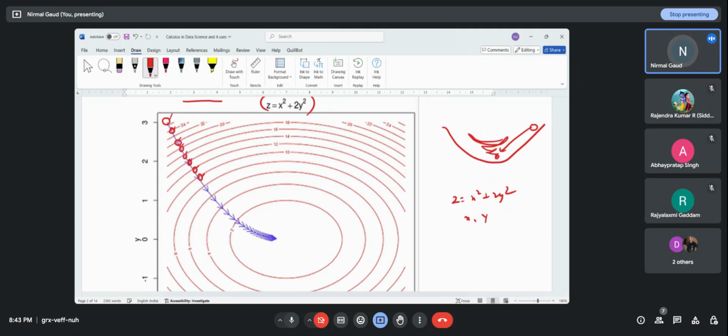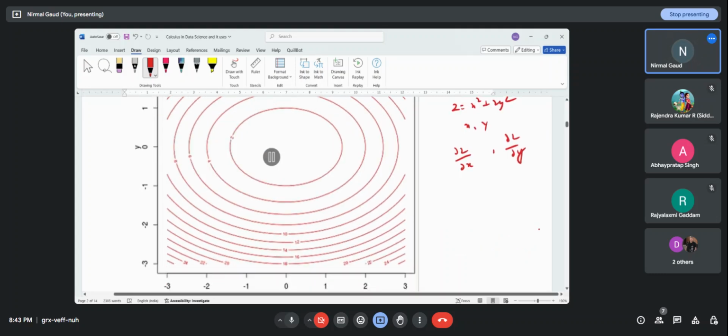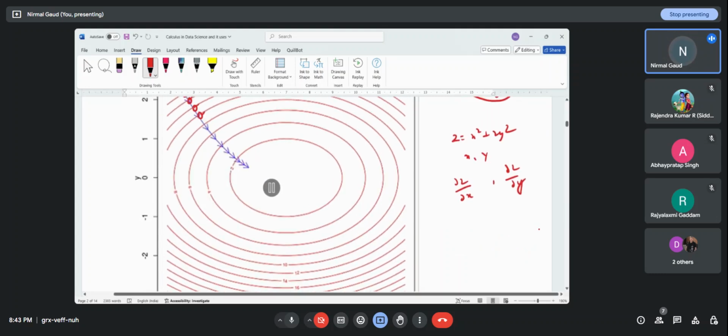So obviously partial differentiation will be applied. That means del z by del x and del z by del y. When we differentiate with respect to x, y will be constant, and when we differentiate with respect to y, x will be constant.